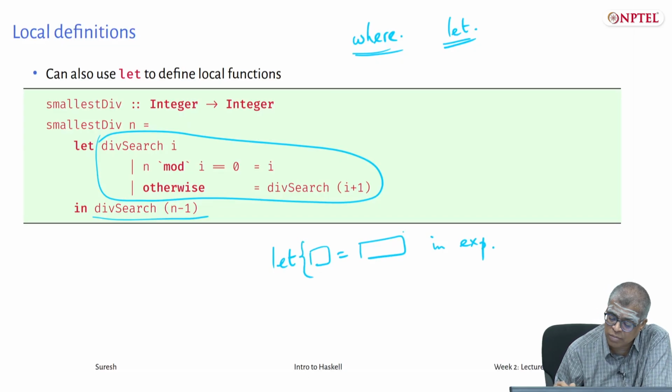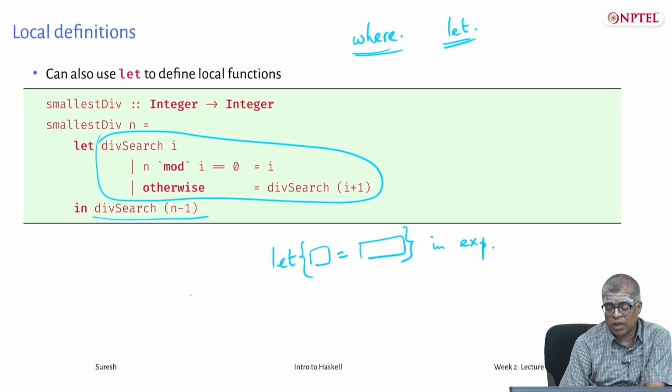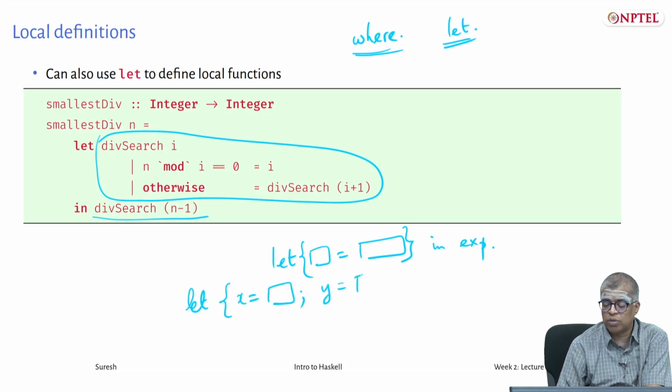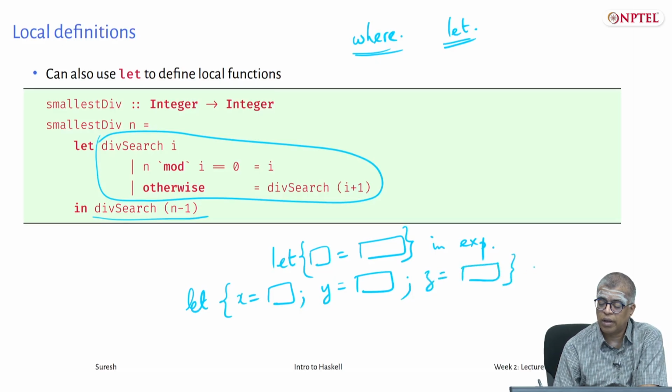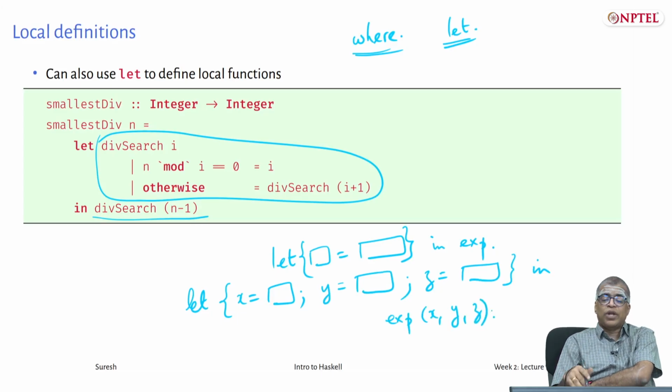You can sometimes put parentheses here. If you want to define multiple things, then you can say let x equal to something semicolon y equal to something else semicolon z equals something else in some expression involving x, y, z. This is very useful.